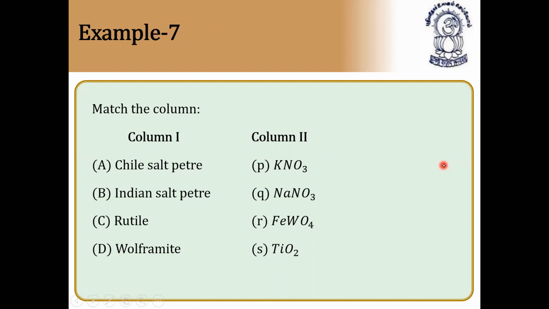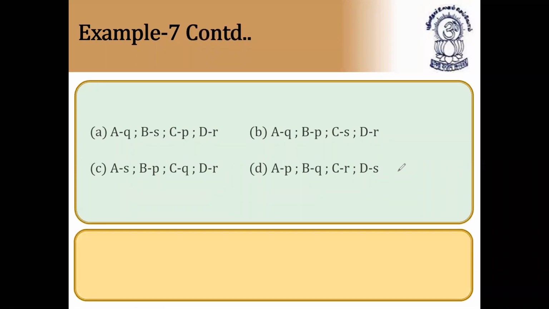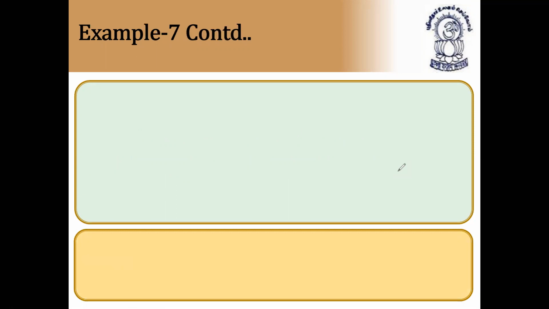Let us see now. A is Q: Chile saltpetre is sodium nitrate. B is P: Indian saltpetre is potassium nitrate. Rutile is S, and wolframite is R. So the answer is option B, QPSR.